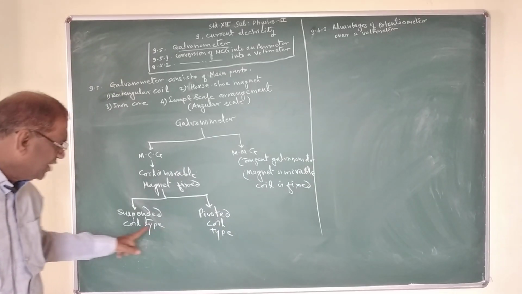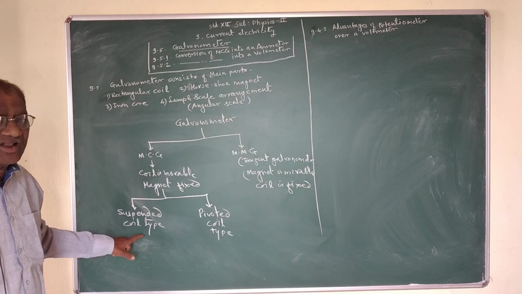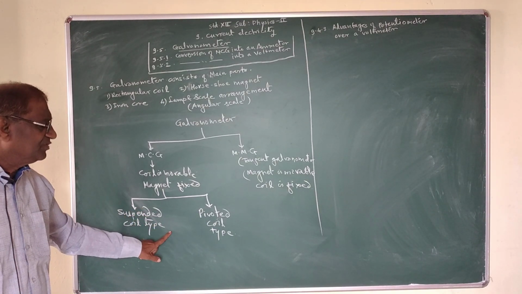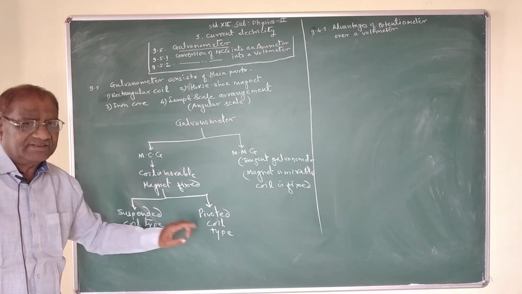Out of these two types, suspended coil type galvanometer is more sensitive than pivoted type galvanometer.